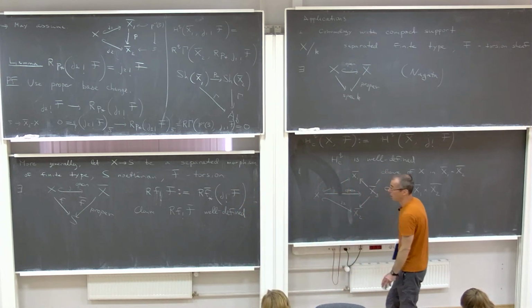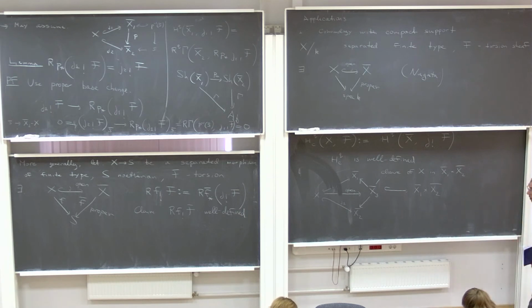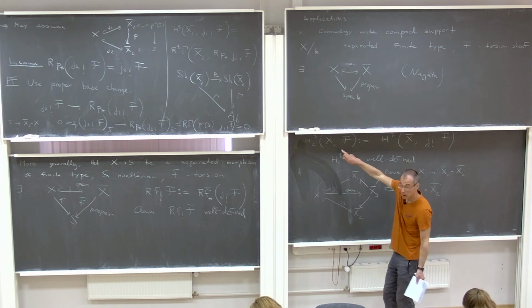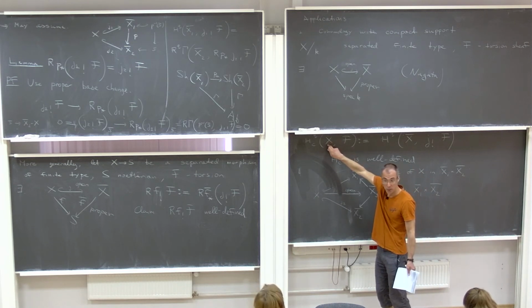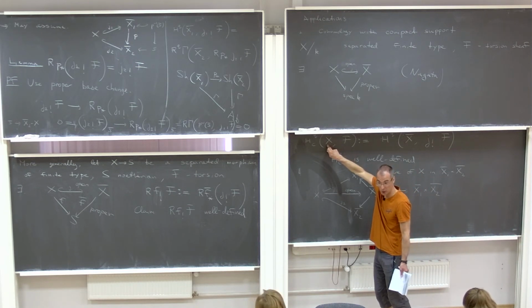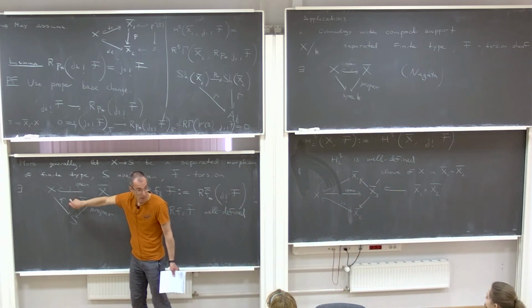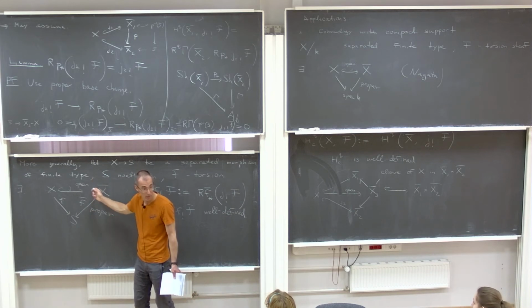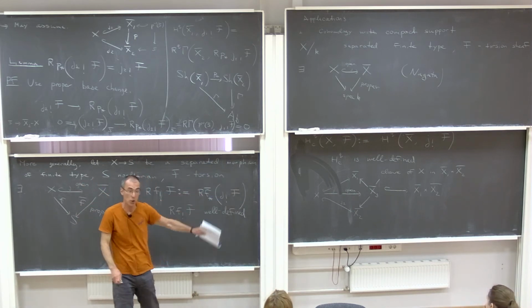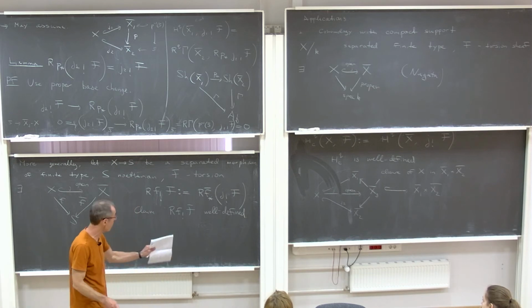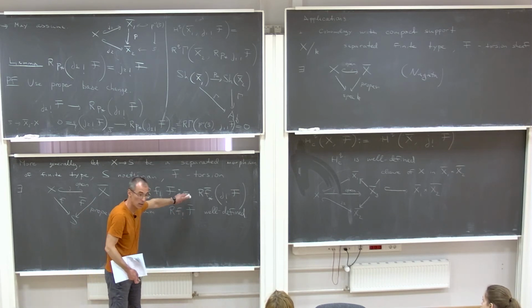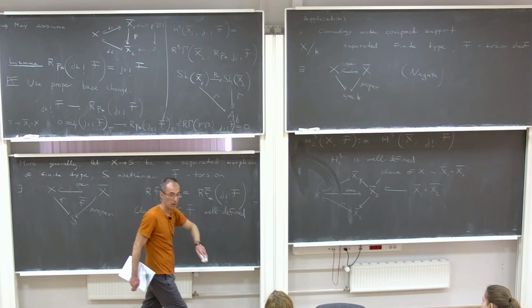By construction, if X is proper, then cohomology with compact support of any sheaf on X is the same as usual cohomology, because you can take for X bar just X. And similarly, if this map happens to be proper, then you can take X bar to be X and you recover the usual derived direct image. So for proper maps, these two functors coincide tautologically.